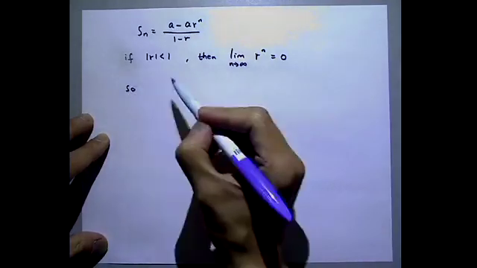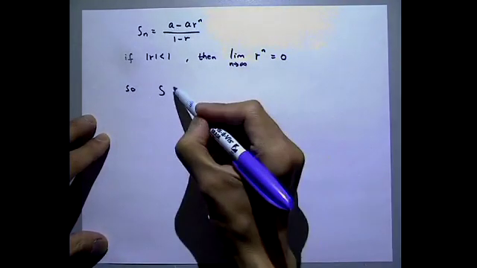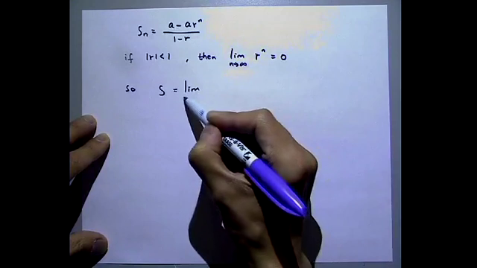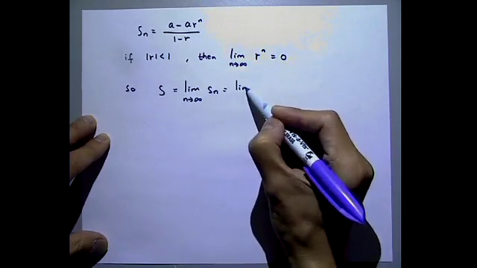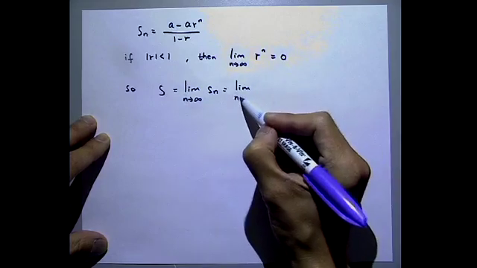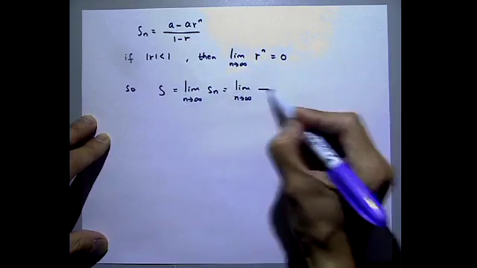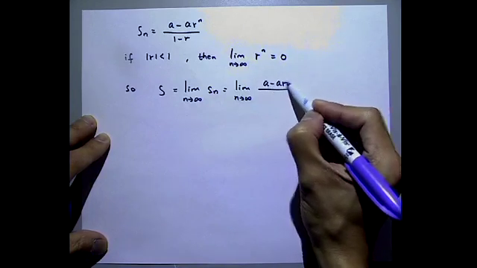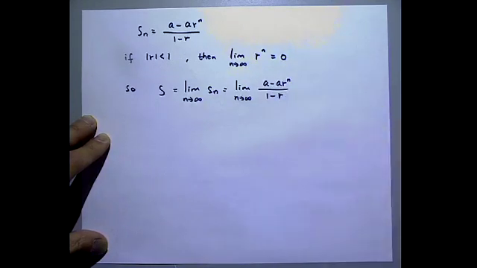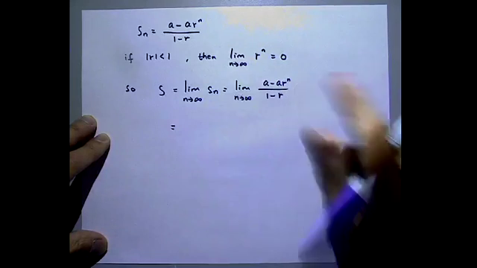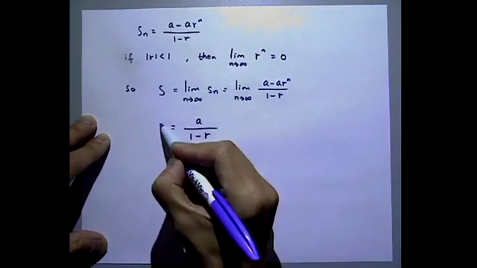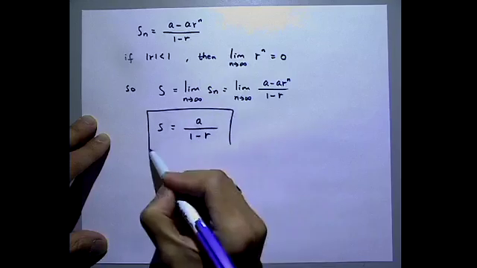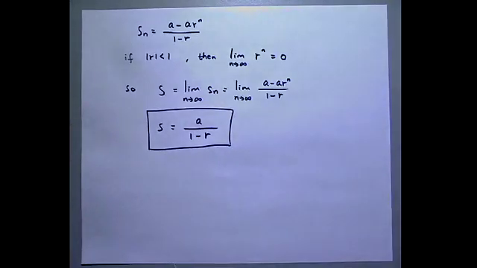Therefore, the sum, which I'll use S to represent, becomes a over 1 minus r. And I'm sure many of you have seen that formula before.